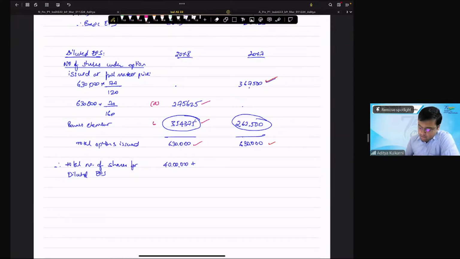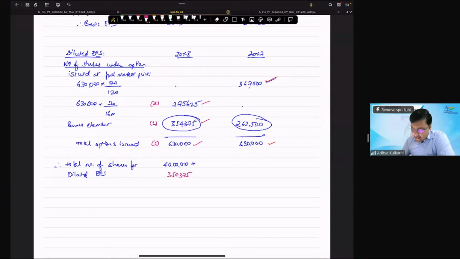Option A, option B, option C, option D, none of the above? Speak. Sir, for dilutive, 354 375. Yes, for dilutive we will be taking 3,54,375. Why? Because these are potential shares in your capital structure which will come just because you have given these warrants at below the market value. Did you understand? Yes, sir.